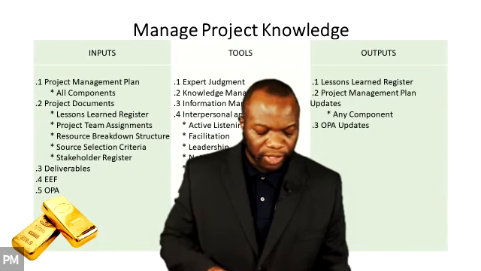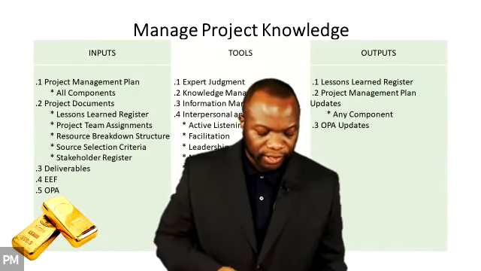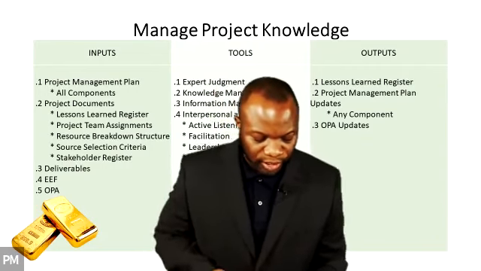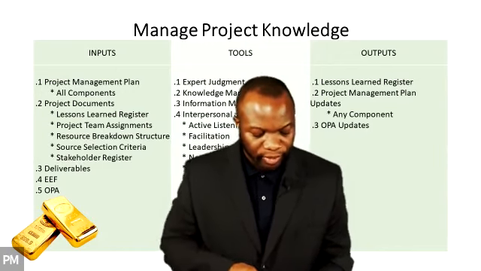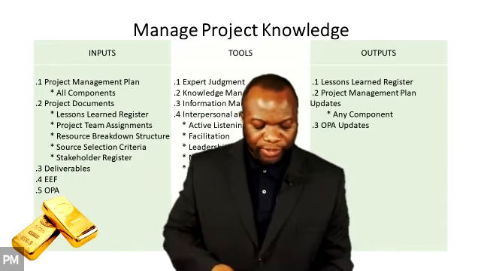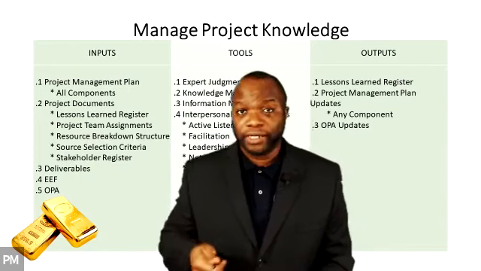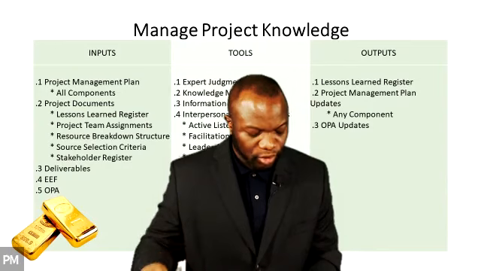They include, but are not limited to, methods for codifying explicit knowledge. For example, producing lessons learned, entries for the lessons learned register, library services, information gathering, for example, web searches and reading published articles, and project management information system. And the list could go on and on.